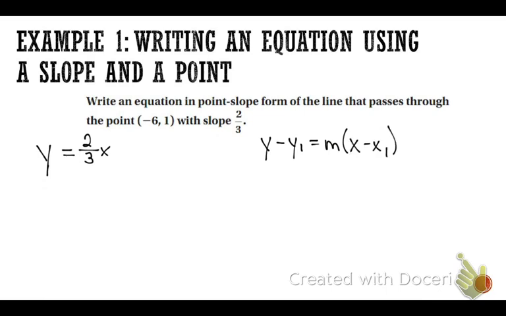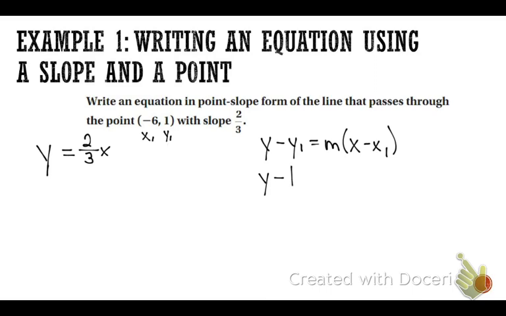All right, and now I'm just going to plug in these values where they go in the formula. According to the ordered pair, the first number is my x1 value, and the second number is my y1 value. So the y is a part of the formula minus the y1 value from the ordered pair.